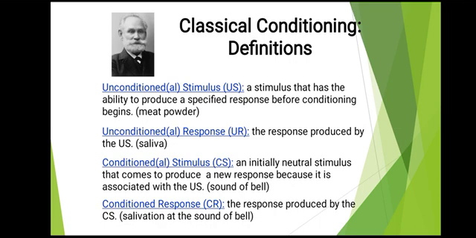So the bell is the conditioned stimulus, meat powder is the unconditioned stimulus, the saliva production after seeing the meat powder is the unconditioned response, and saliva after the bell is the conditioned response. So these are the four main key terms that were used by Ivan Pavlov in his experiment.